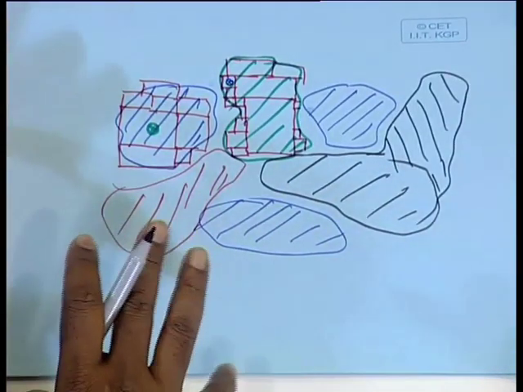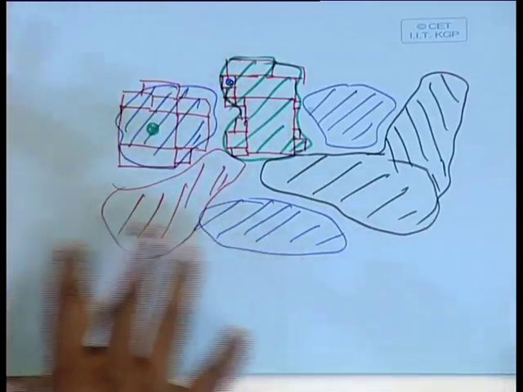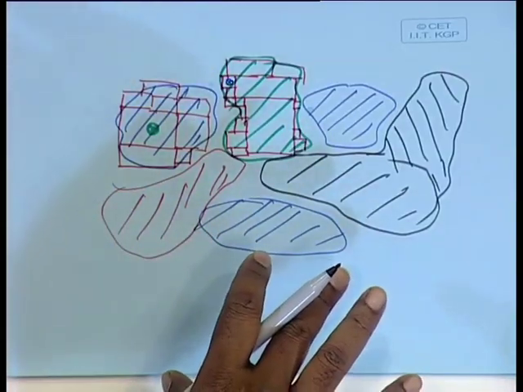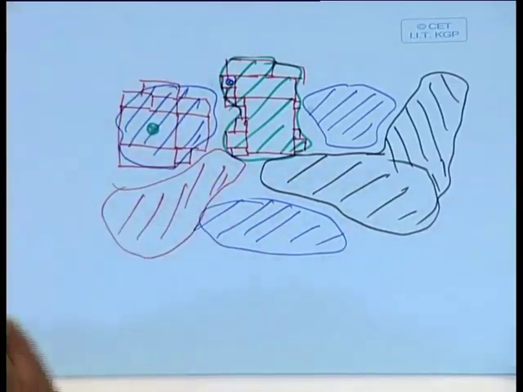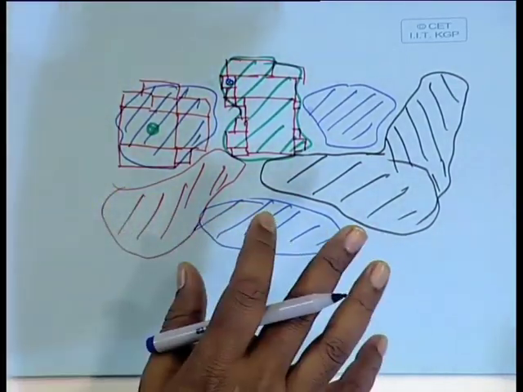So, that way I can generate a set of hyperboxes based on the training samples which are given, and those hyperboxes are given the class levels based on the training samples belonging to which class that particular hyperbox has been generated. So, that becomes the class level of that particular hyperbox.